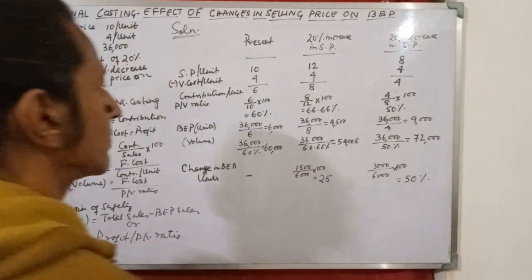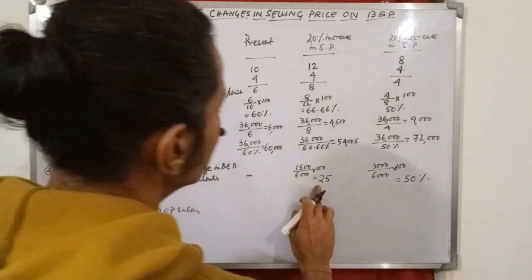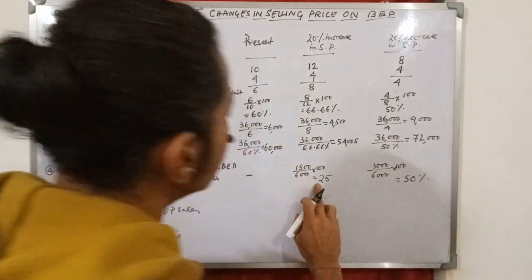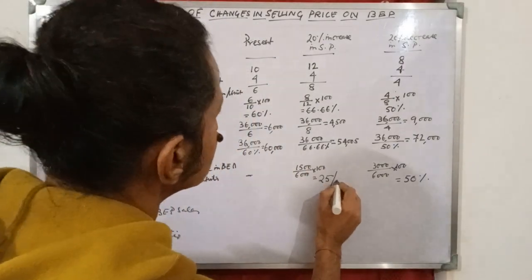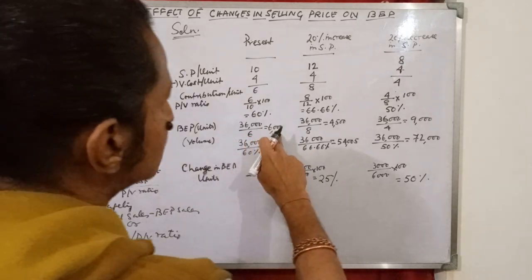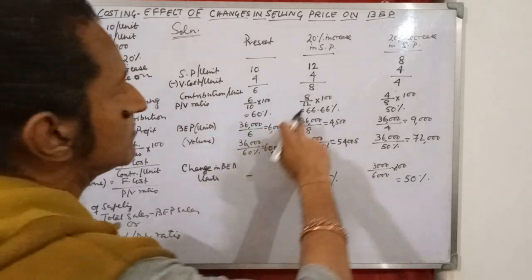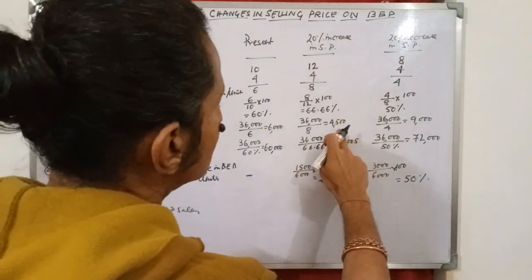Okay. In this case, BEP is falling by 25%, isn't it? Previously, when the selling price was 10, BP was 6,000. When the selling price is 12, BP is 4,500.